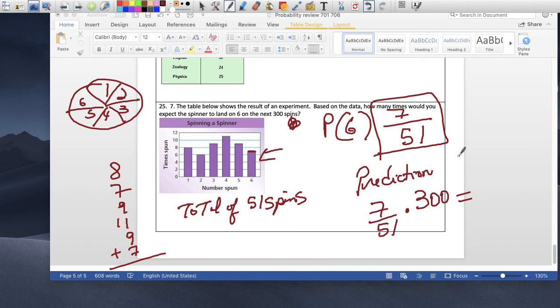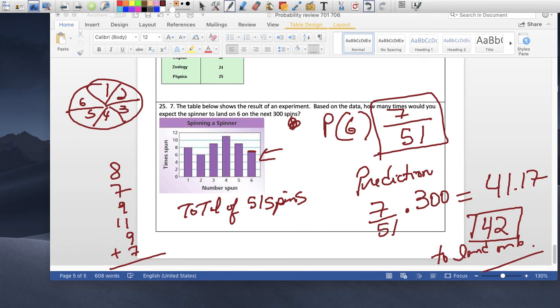Just use your calculator, and I get 41.17 times. You can't have 41.17 times, but rather you can tell me that out of the next 300 times, we can expect 42 of them to land on 6.